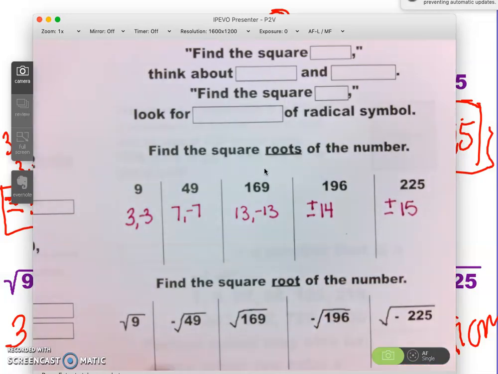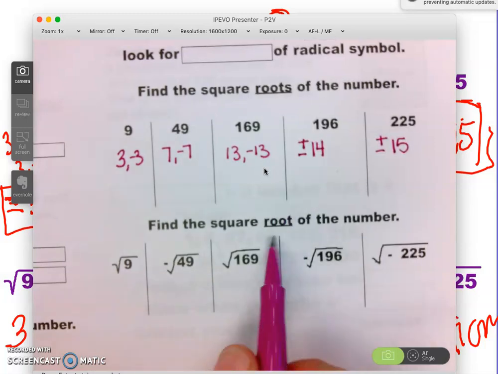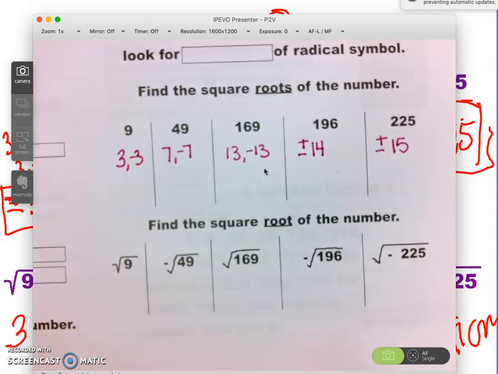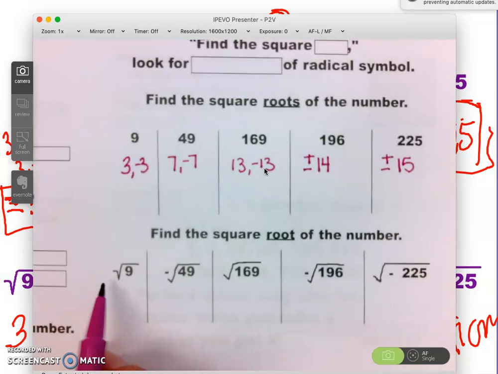Okay, now, next directions, it just says find the square root of the number. And in this case, I think we have to add our radical symbol on these in your notes. I think they don't have them. Can't remember if we fixed that last year. Anyway, I have to look, there's no symbol here, or no positive or negative, so we're going to take the positive root.